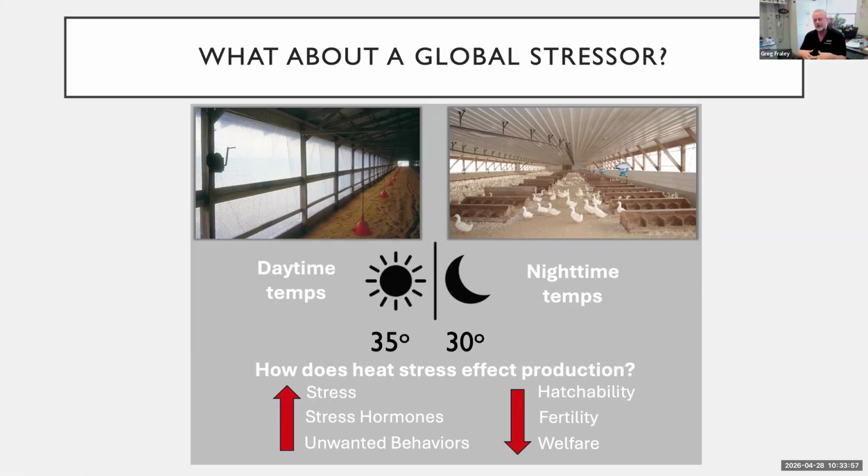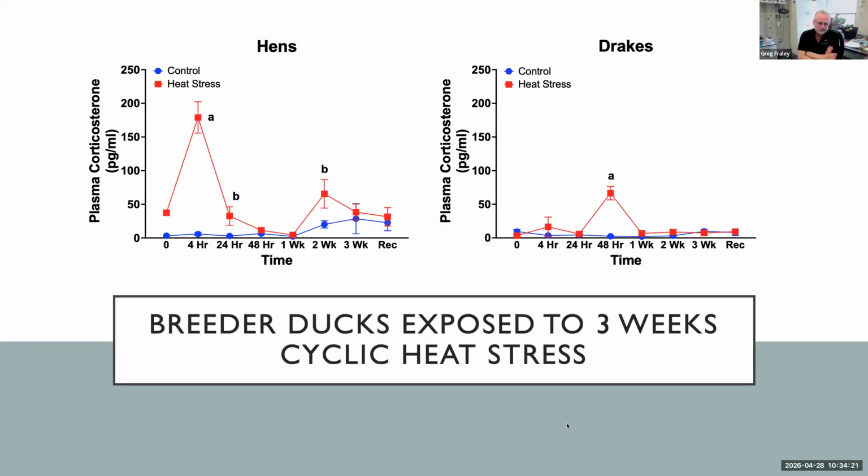I don't have to show you all of the data about how, when we caused these conditions over a 3-week period, it decreased hatchability, fertility, and welfare rate. We've published this a few times, and it's kind of silly because farmers have known this for 100 years, that this is really, really bad. So I want to focus on some other aspects.